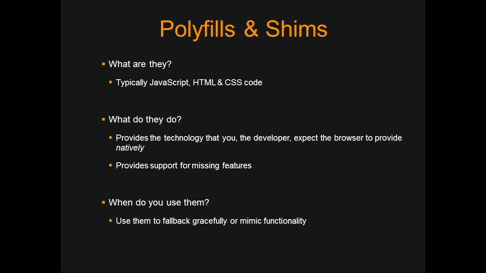I'm going to tell you what the differences are between polyfills and shims. Basically, they're specially crafted JavaScript, HTML, and CSS that provide you with the functionality that the standards do when a browser doesn't support it. It's really cool. There's a lot of stuff out there, but there's a level of responsibility in using polyfills and shims, and we're going to talk about that.